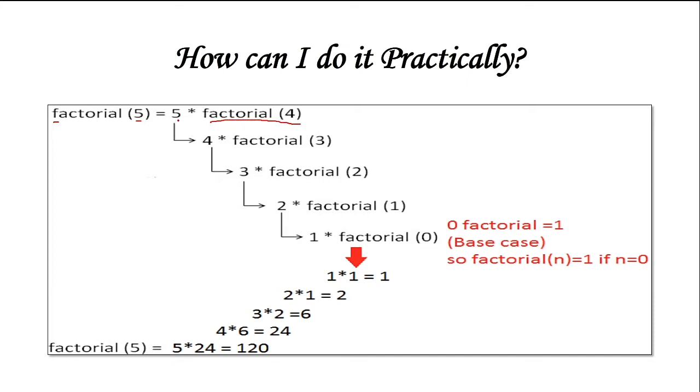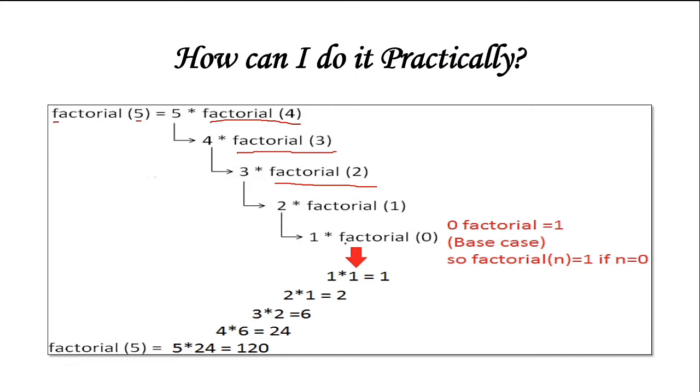That means 5 into 4 factorial will give you the result for 5 factorial. In order to find factorial of 4, I want to find factorial of 3. So 4 into 3 factorial will give you the value for factorial 4. Once again, in order to find factorial of 3, I want to find the value of factorial 2 and multiply it with 3.